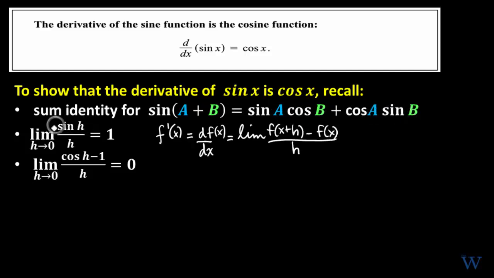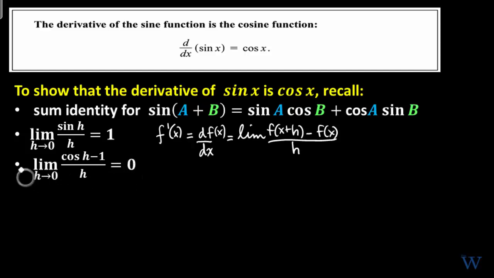And then we've used this theorem before, that the limit of sine of an argument divided by that same argument, so in this case it's h, so the sine of h over h as h goes to 0 is equal to 1. And another one is that the limit of cosine of h minus 1, the whole thing divided by h, as h approaches 0 is equal to 0.